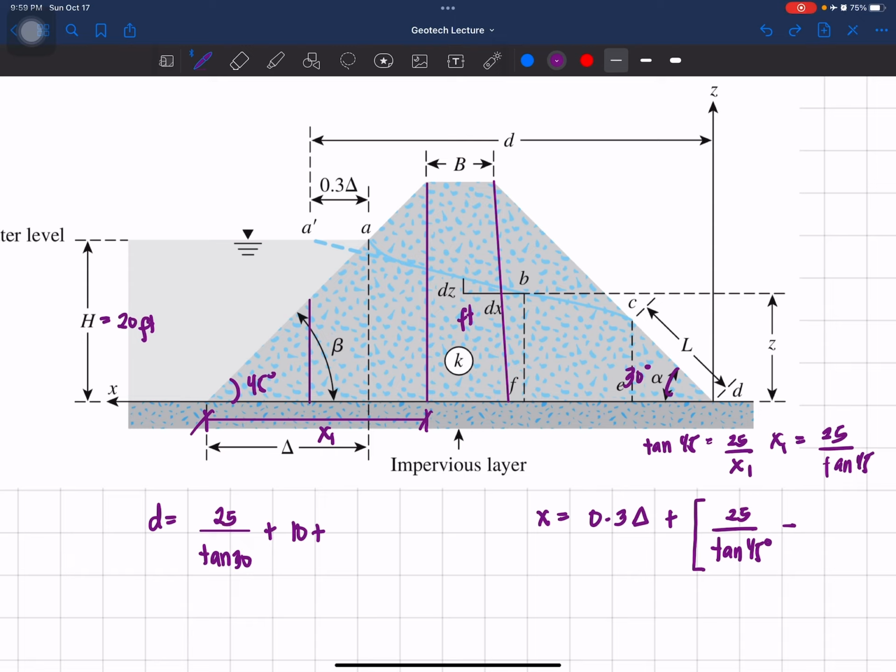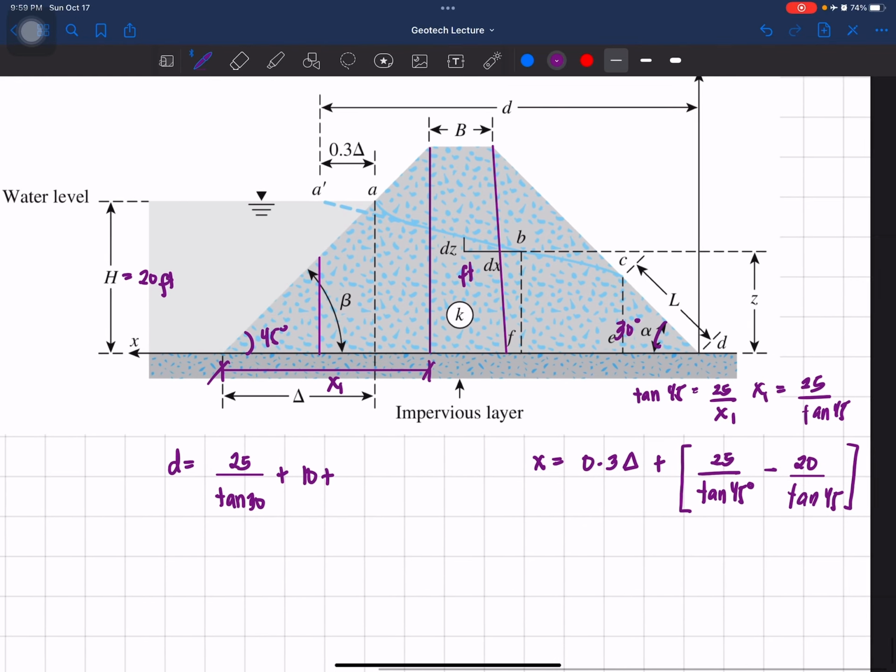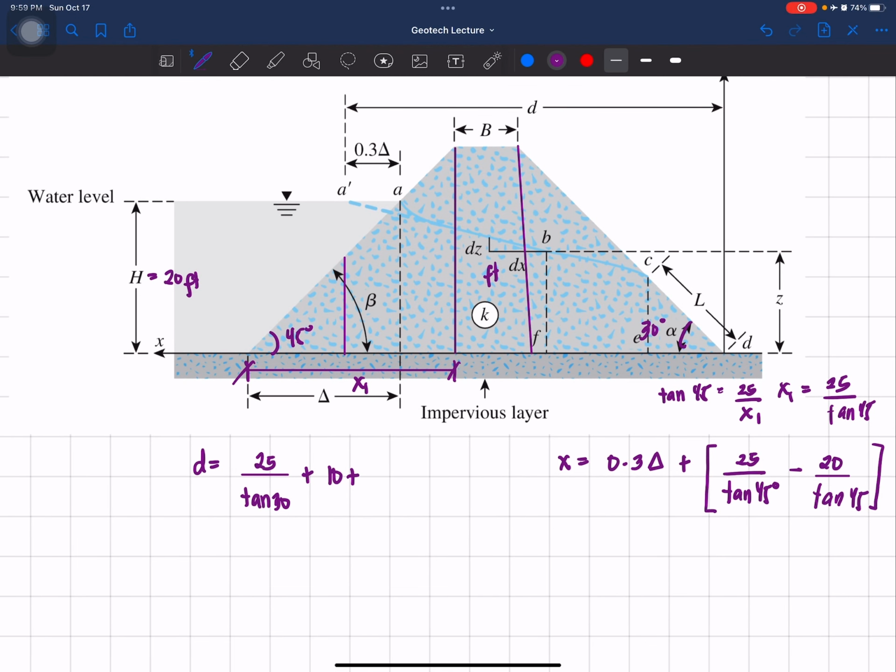So that is just equal to 20 all over tangent of 45. Okay. So the x distance now is just equal to 0.3 delta plus 25 all over tangent 45 degrees minus 20 over tangent of 45 degrees. Okay? So that will be the x value.